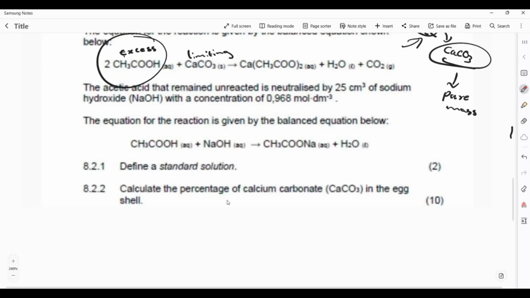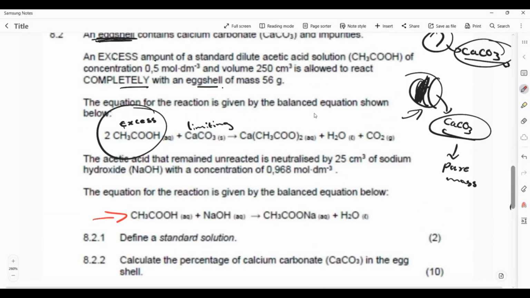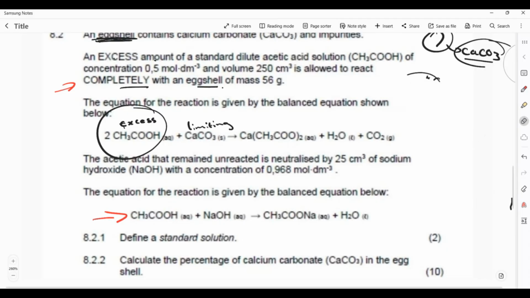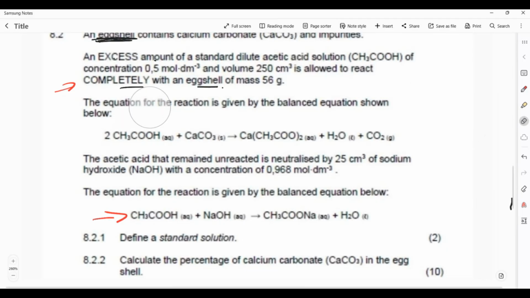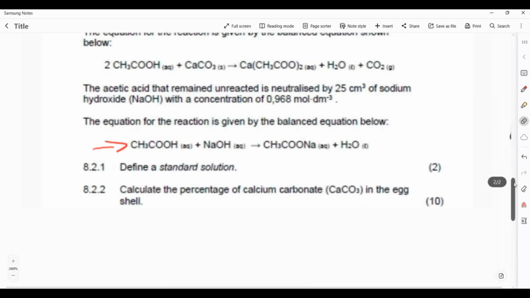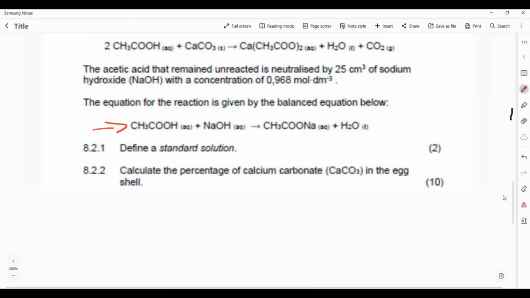Now, for this one, you always start at the last reaction. But if you are very strategic, you can still start at this reaction. Anyway, it's fine. Because I'll be writing step by step, I will actually start at the first reaction.